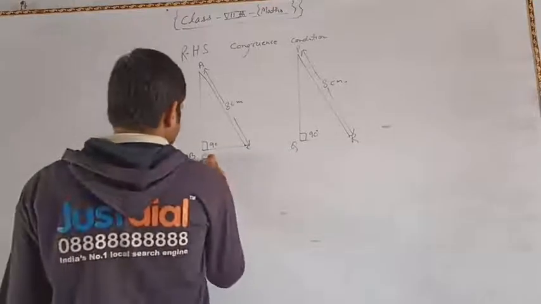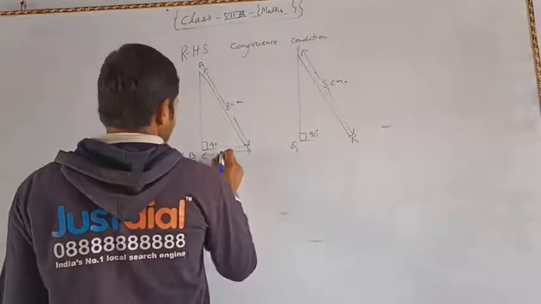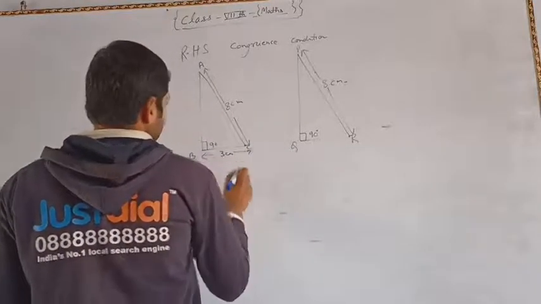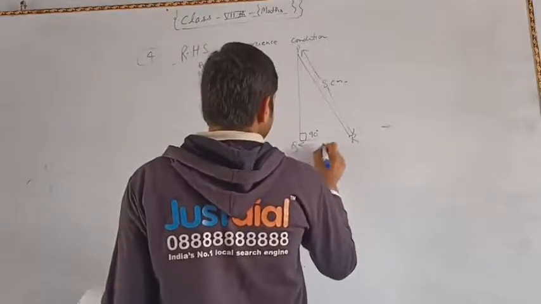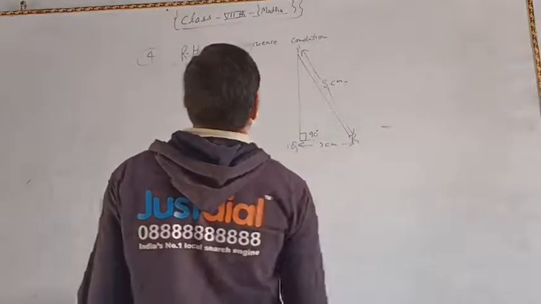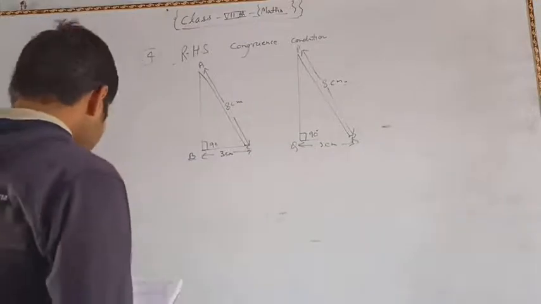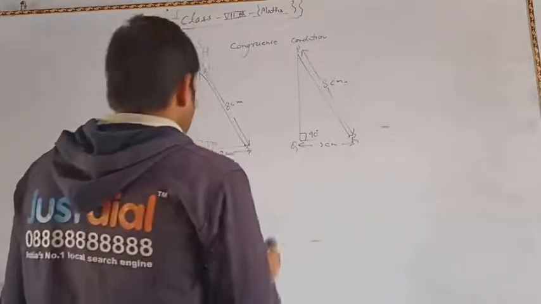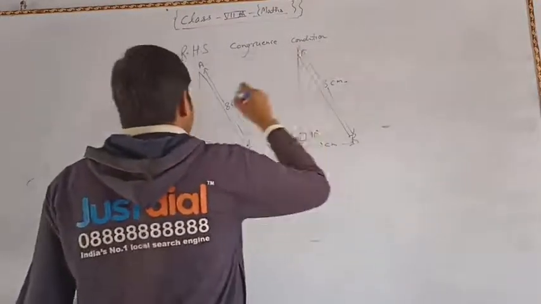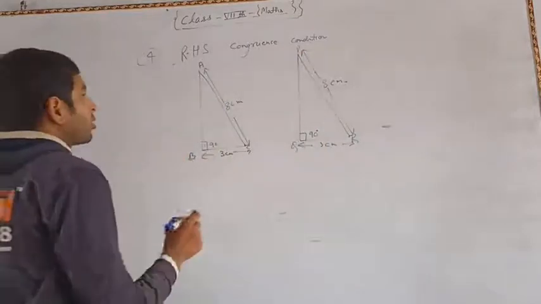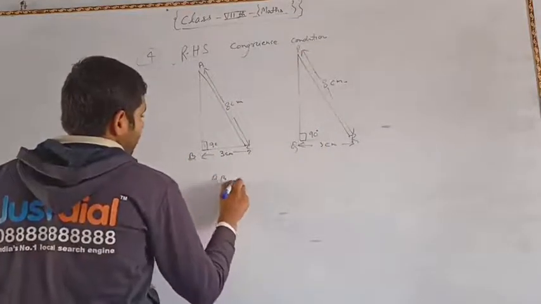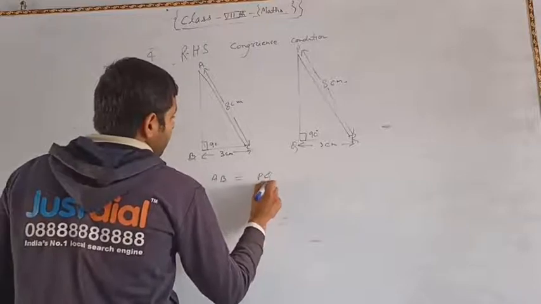And here base is given as 3 centimeter, and here also base is given as 3 centimeter. Then this side AB should be equal to PQ.